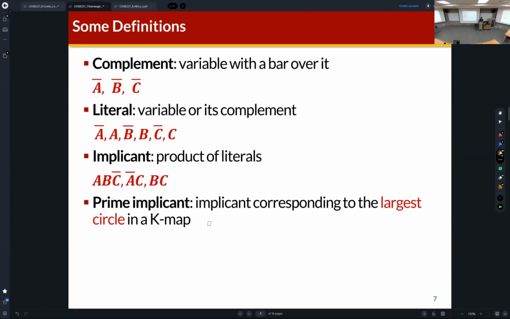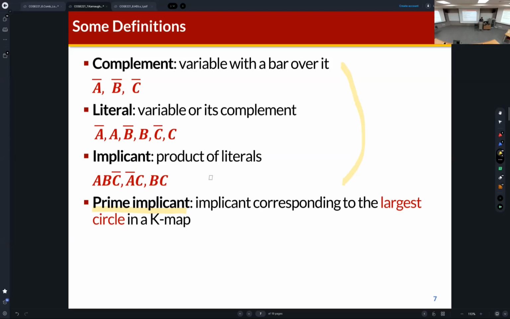Okay, so these are some definitions we learned when we learned about the Boolean equation. Also, we can define another definition. It's a prime implicant. A prime implicant is an implicant determined by the largest circles of a Karnaugh Map. Okay, it's called the prime implicant.